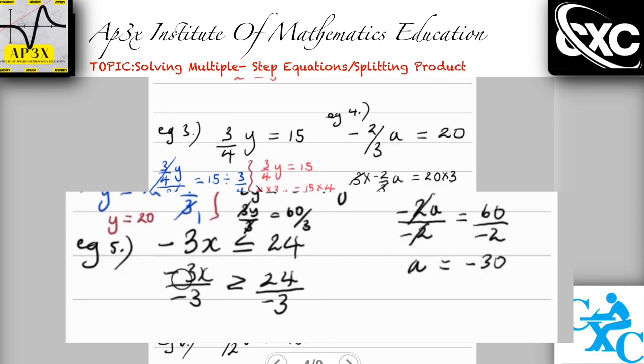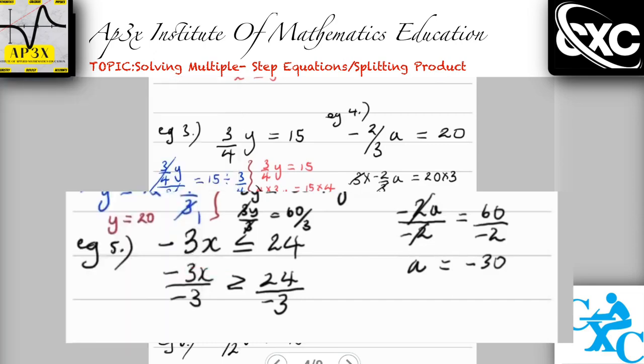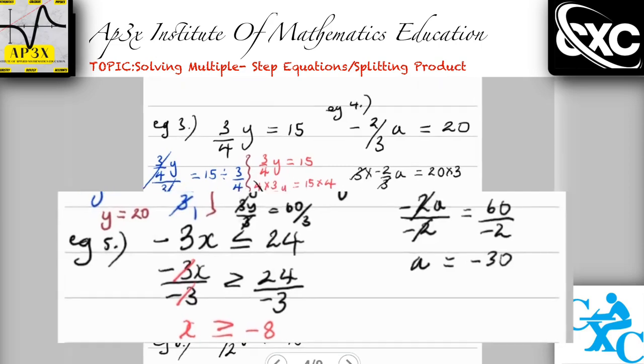So here minus 3 will cancel minus 3, and so we end up with x, as opposed to being less than or equal to 24, being greater than or equal to 24 divided by minus 3, which is minus 8. All right, beautiful.